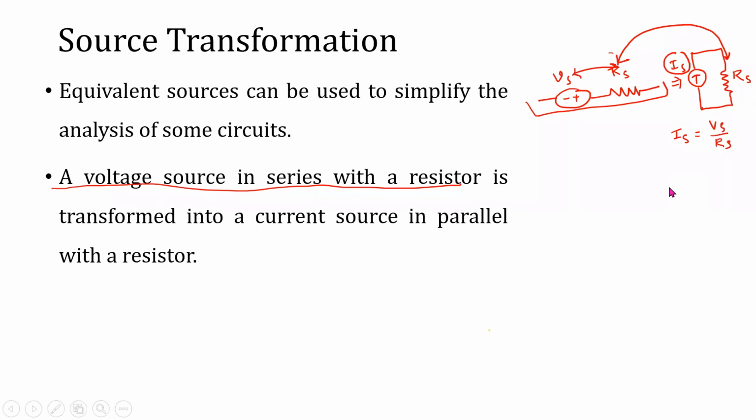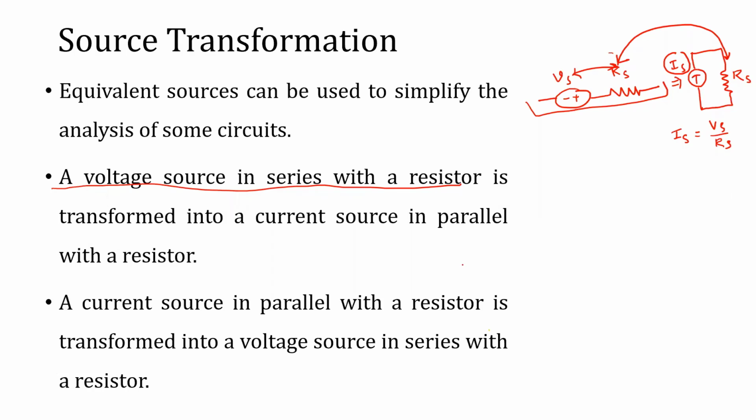All right. Next, similarly, a current source of value Is in parallel with the resistor Rs. That is said here, a current source in parallel with resistor is transferred into voltage source in series with the resistor. This complete circuit can be replaced by a voltage source Vs in series with resistance Rs.